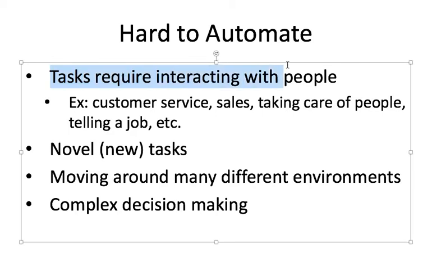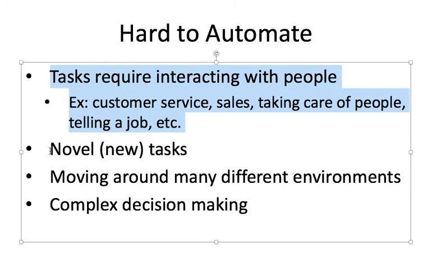Tasks that require you to interact with people require a lot of very complicated small things that you end up doing: changes in how you say something, speed of your talking, whether you smile, at what point in the conversation, where you put a pause in the conversation. Those are some of the hardest things to automate.